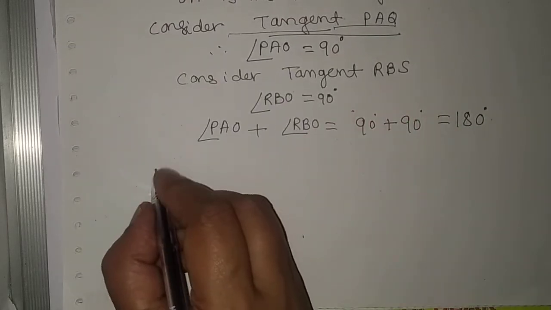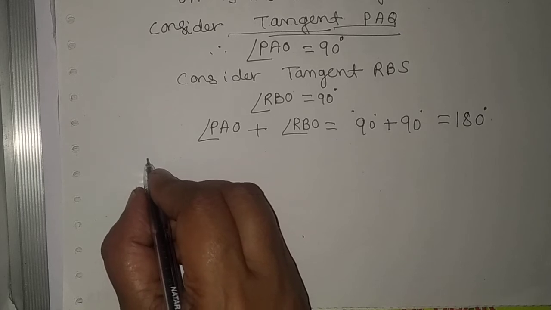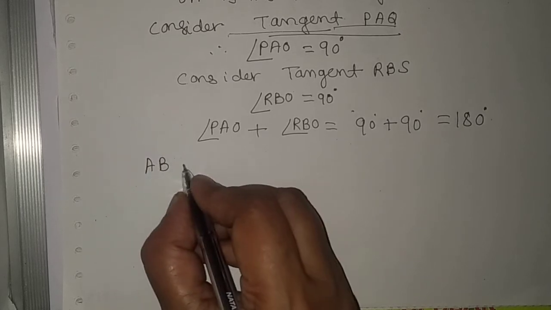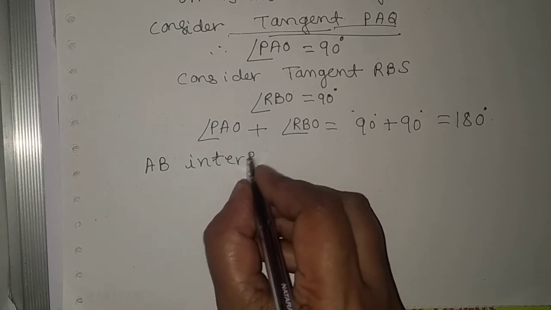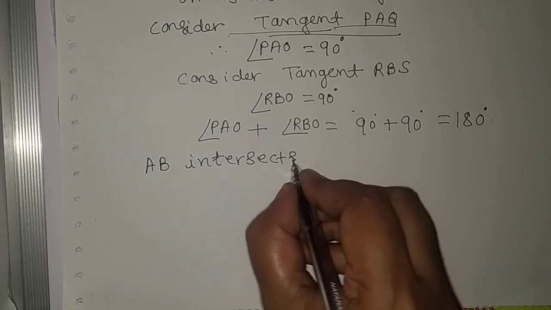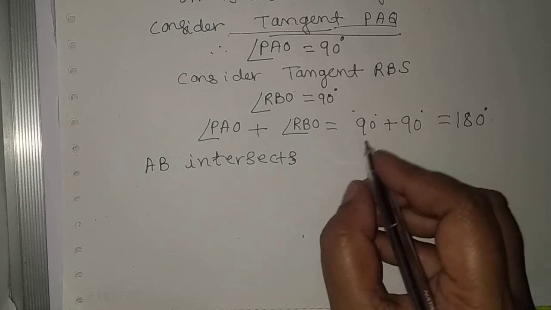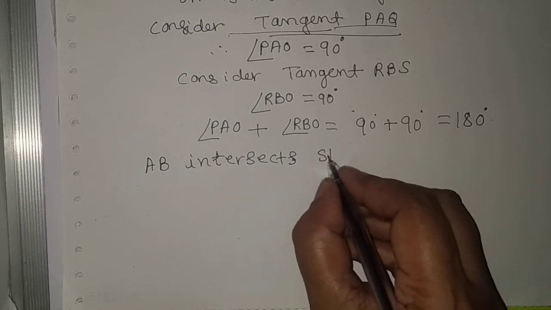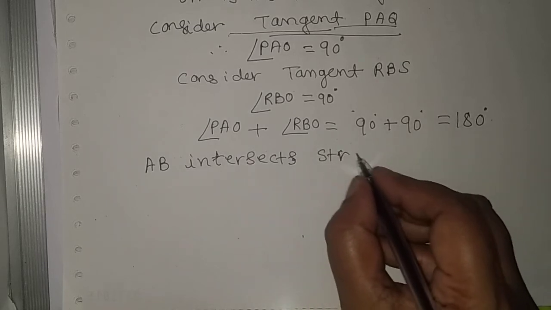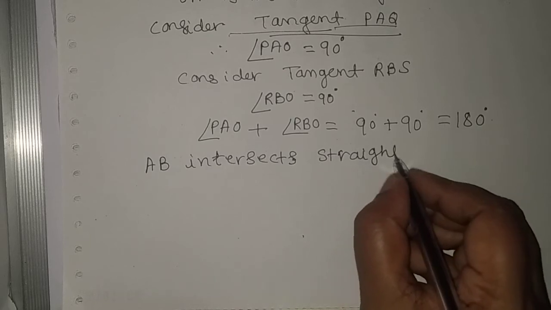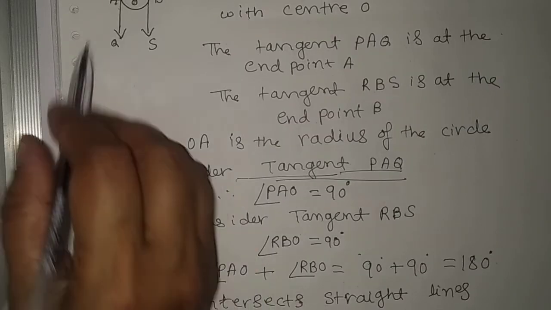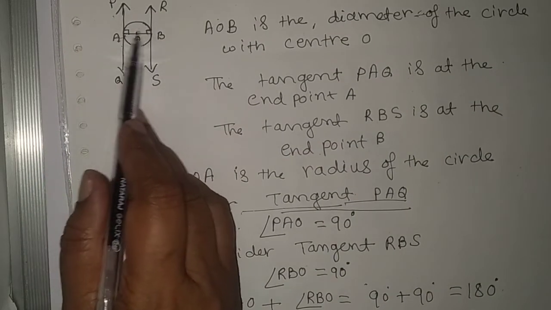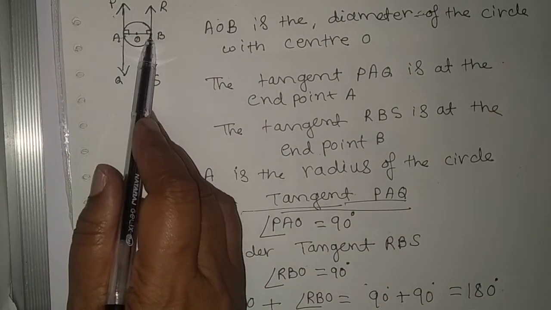So therefore AB. So what is the AB here? AB intersects straight lines or tangents. This one, see, AB, this intersect means these two intersect.